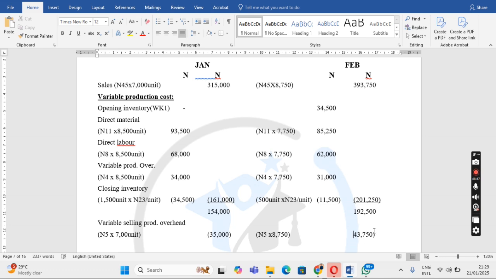So, what is the contribution? Sales minus your variable cost will give you your contribution, right? So 154 minus 35. What do you have, class? 119,000.